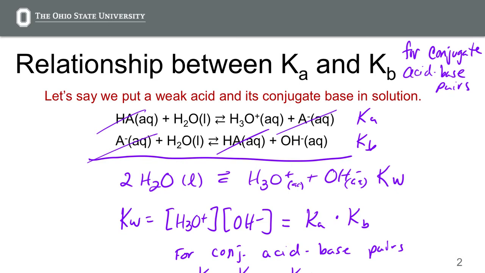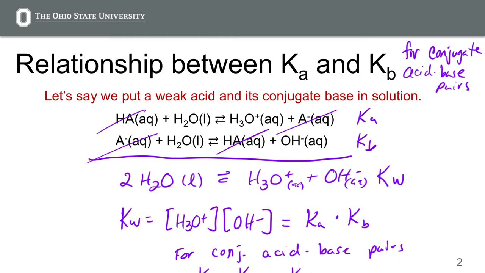And that's going to be important because sometimes you're going to need a Ka value or a Kb value, and usually you can find those in a table, but sometimes you can't. So if you look up the Ka value for acetic acid, that's relatively easy to find. But to try to find the Kb value for the conjugate base, the acetate ion, you usually don't find it in a table.